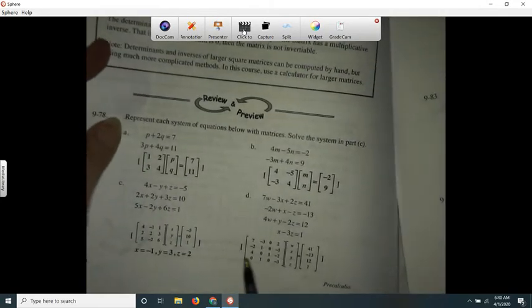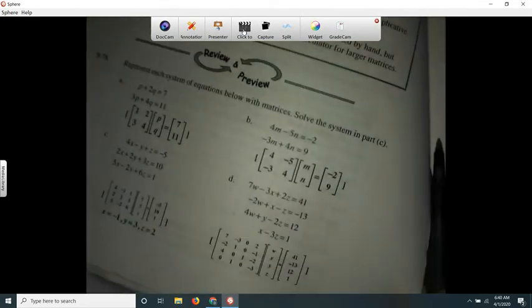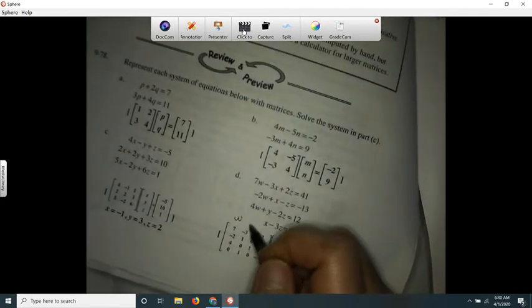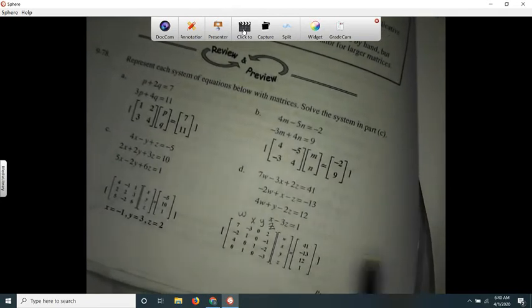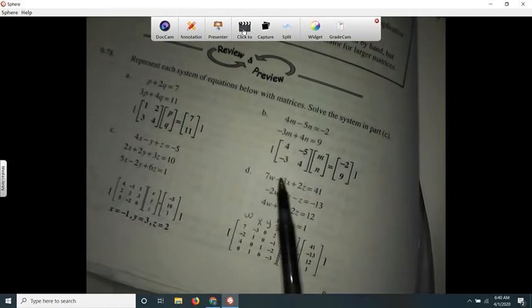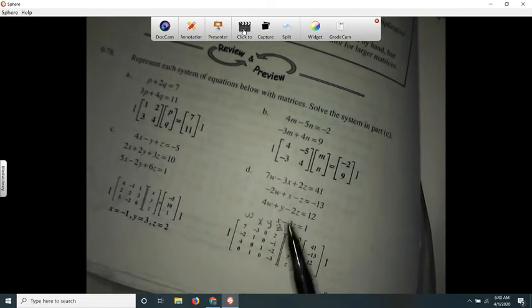Here's the answer key. So if you can see that, see how they're just grabbing the coefficients. So this is W, this is X, this is Y, and this is Z. So you'll notice once in a while there's one that doesn't have a Y in it, so you just put a 0 in for the Y in the Y row.